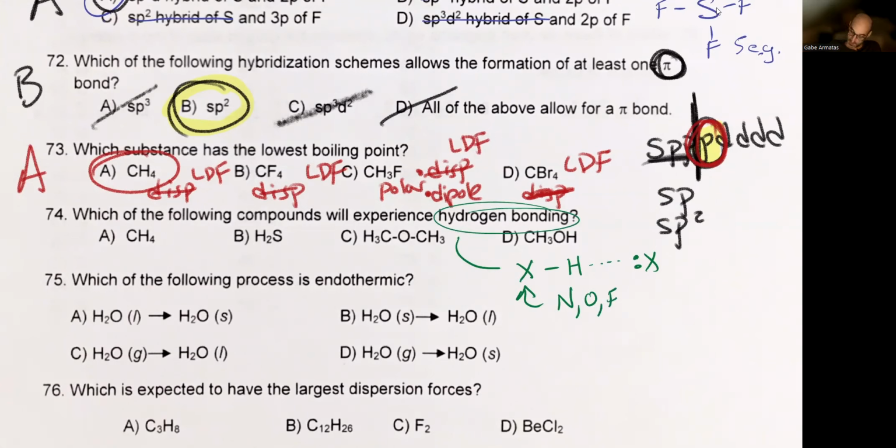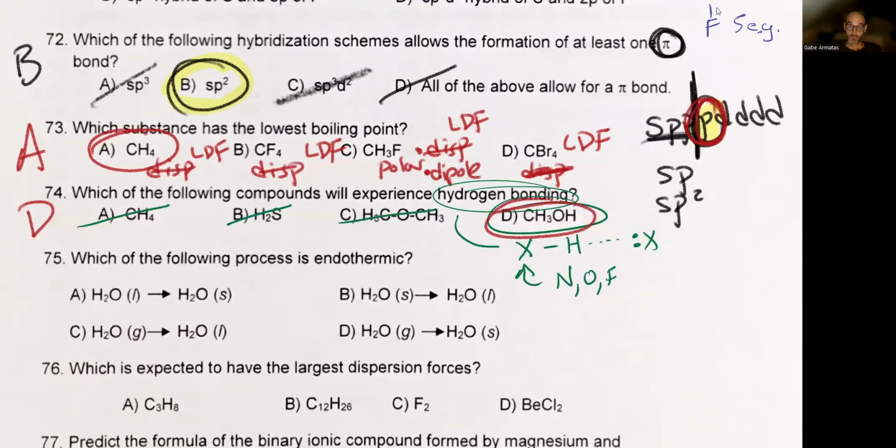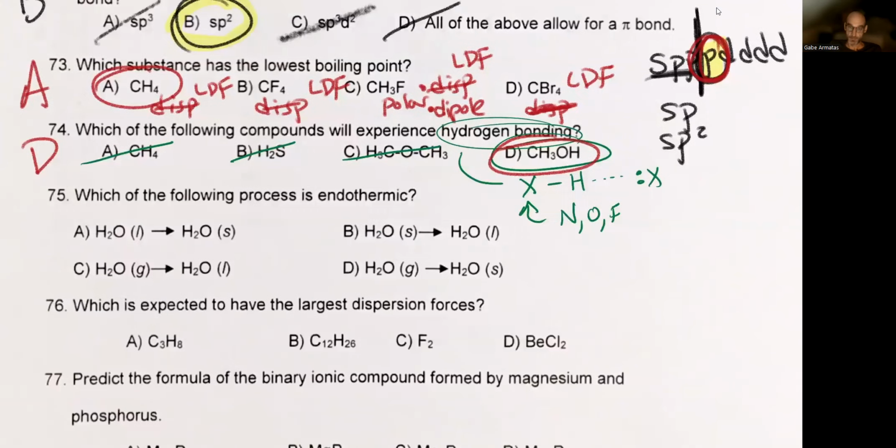So first, I need hydrogen attached to nitrogen, oxygen, or fluorine. Nope. Nope. Nope. Answer is D. Just eliminate the ones without nitrogen, oxygen, or fluorine, and that's it. You're looking for an OH, you're looking for an NH2 or NH3. That's pretty much it.